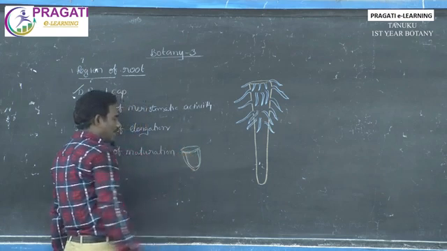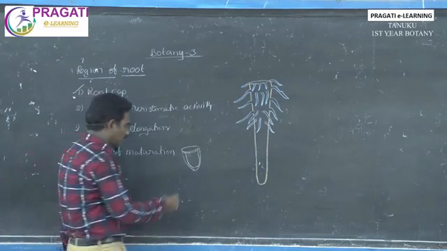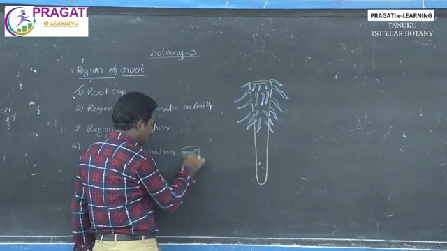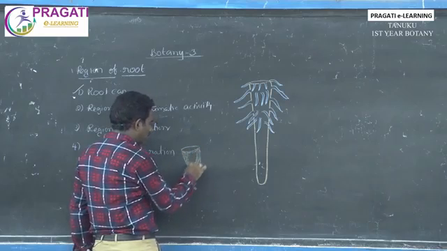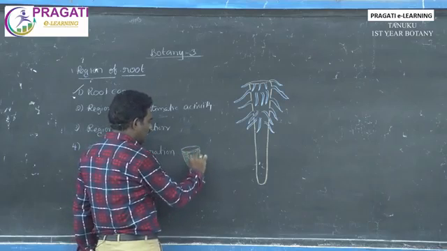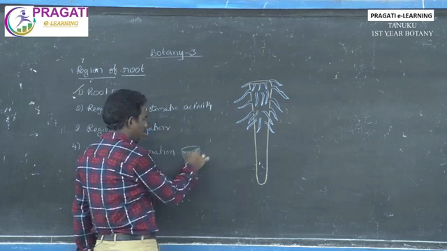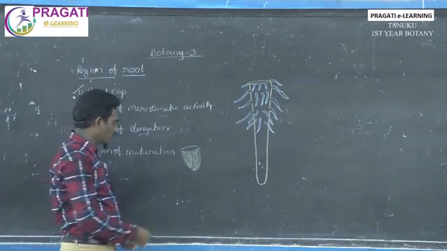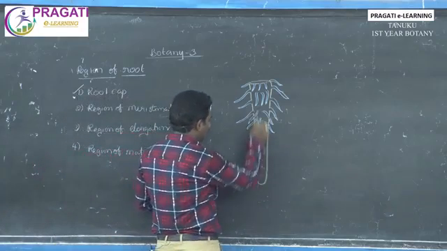It is present at the distal end of the root. This is the distal end, this is the proximal end.